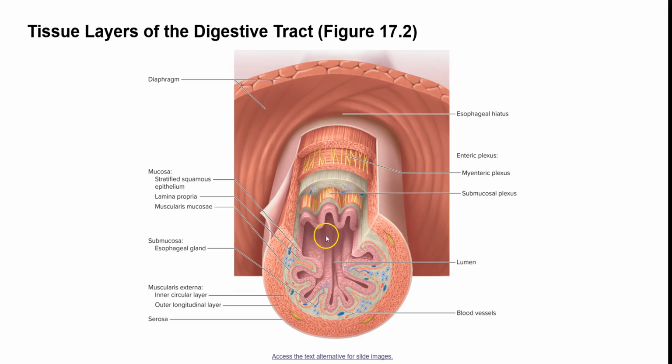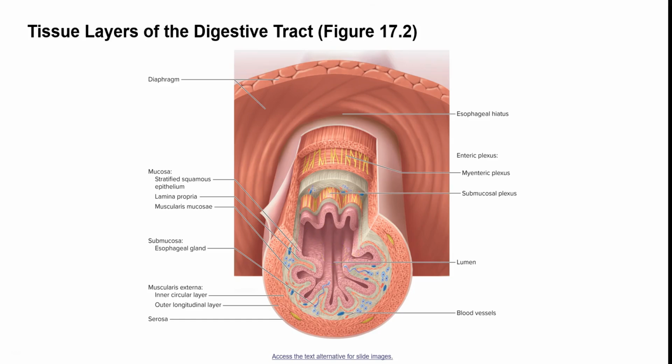So those areas again will have stratified squamous epithelium forming this mucosa layer, but the stomach, small intestine, and large intestine will primarily contain simple columnar epithelium forming this mucosa layer, this innermost layer, which lines the lumen. The lumen is the opening or the hollow space inside of these hollow organs.